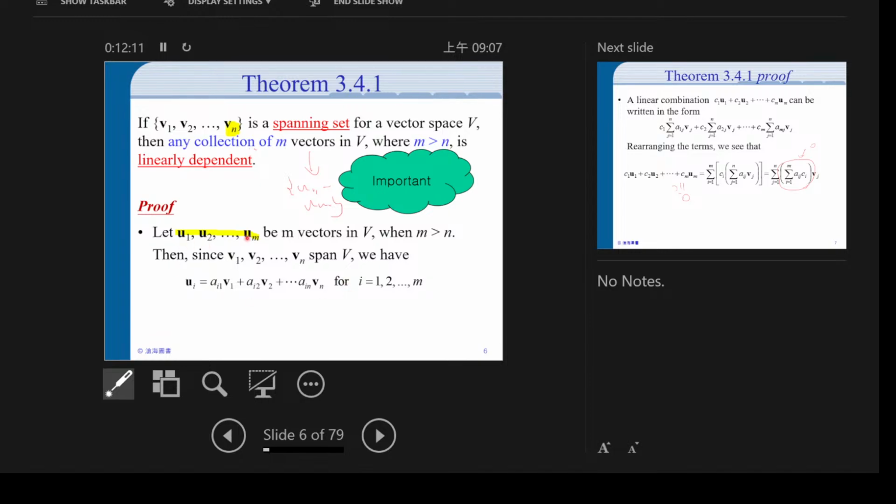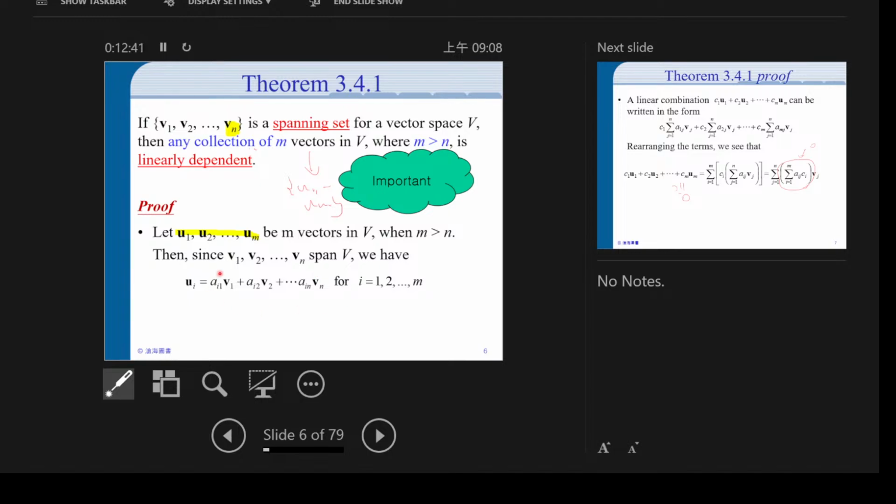Every Ui, for i from 1 to n, can be expressed as a linear combination of V. We have a notation for those linear combination coefficients: Ai1, Ai2, all the way to Ain, times V1, V2 to Vn. Those are just real numbers that represent the coefficients to express Ui as a linear combination of Vj.